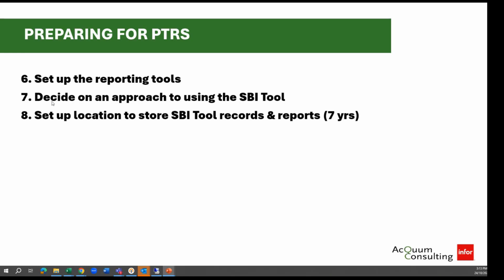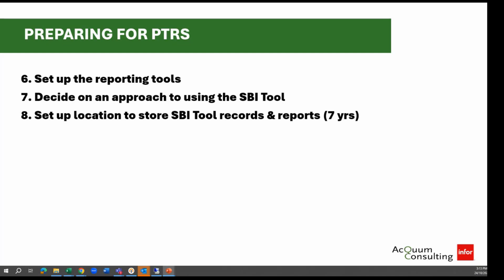And this may seem like a small one, but you need to decide on the approach you're going to use for the SBI tool. There are a couple of approaches. You could take what's called a consistent approach, whereby you make it part of your month-end process to check with the SBI tool and update your suppliers, so that they're more regularly maintained and there's less work to do at the end of the 6-month period.